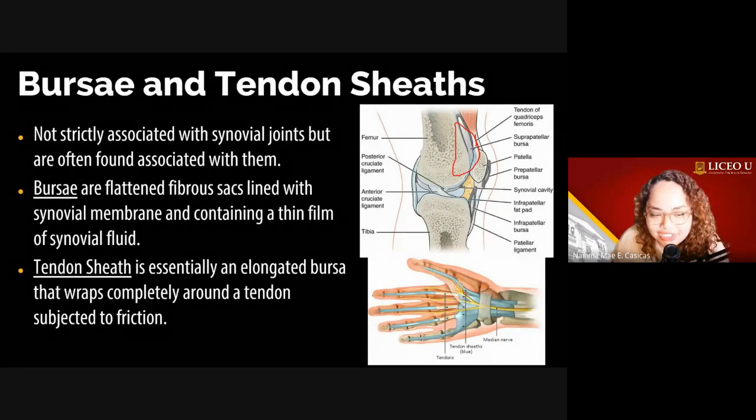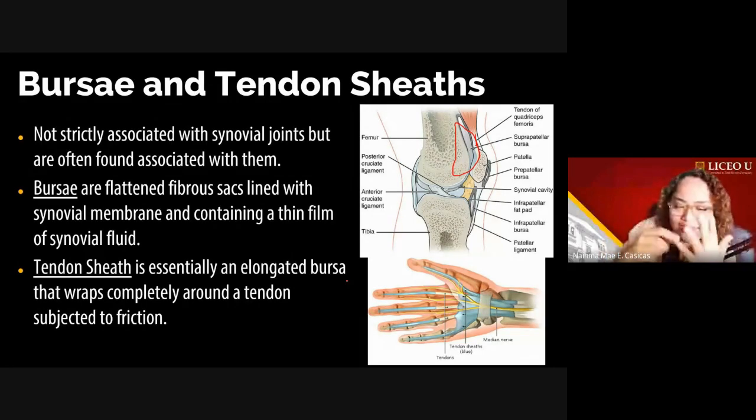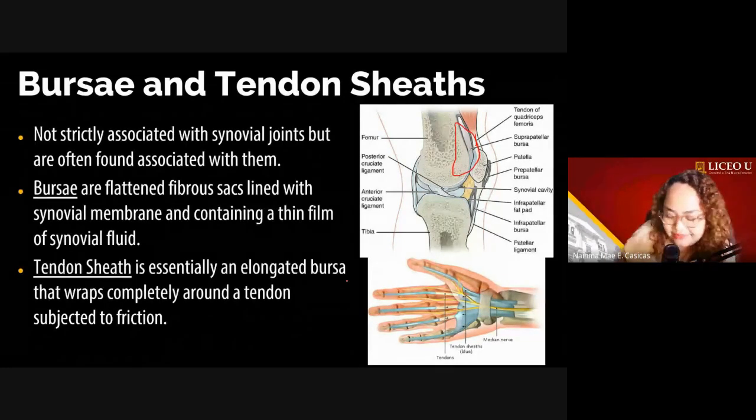And then you have your tendon sheath, which is essentially an elongated bursa that wraps completely around a tendon subjected to friction, which are found in your fingers. Actually, they are found in many places, but commonly in your fingers. There are no muscles here. The muscles that control your fingers are right here. So the connection between your muscles and your bones here, these are your tendon sheaths.